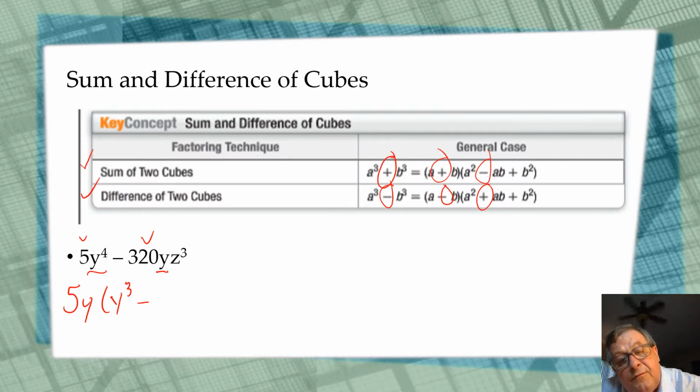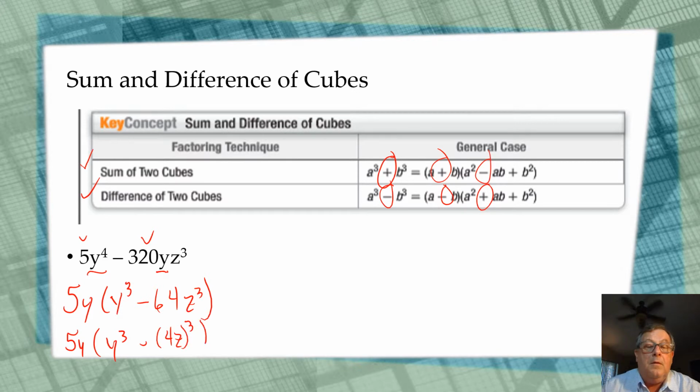I've got negative 64 z cubed, but that is the same as y cubed minus 4z cubed. Well, guess what? Now I've got a difference of cubes. So now I can look at this rule and I can then factor this thing.